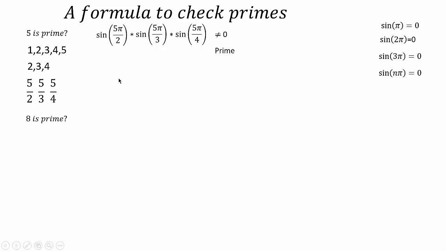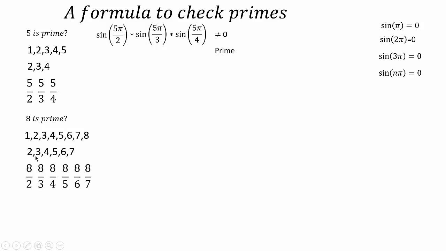Let's take another example. Is 8 a prime? We list the numbers below 8: 1, 2, 3, 4, 5, 6, 7, 8. Being more precise, we exclude 8 and 1, and we divide 8 by these numbers. Unlike the number 5, while dividing 8 by these numbers, we will get some integer values: 8 divided by 2 is 4 and 8 divided by 4 is 2, and the others remain fractions.